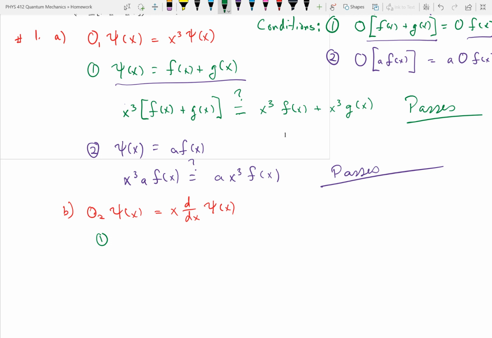So in this case, for the first one on the left side, we have x d over dx times our f of x plus g of x.